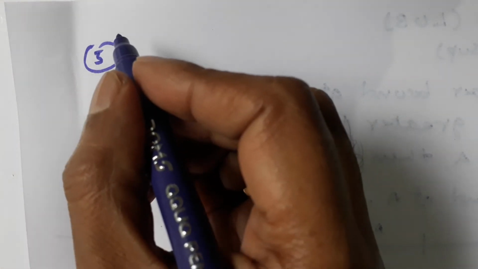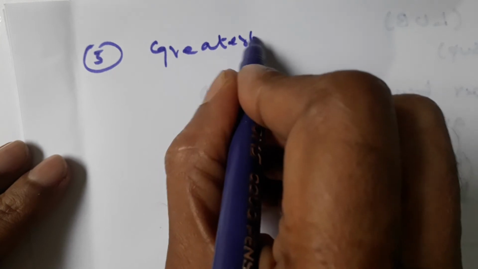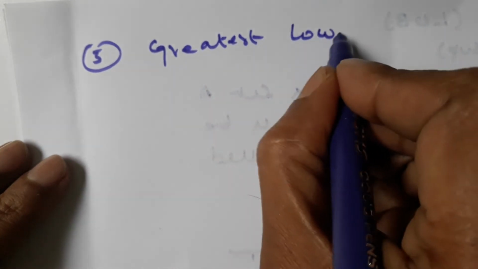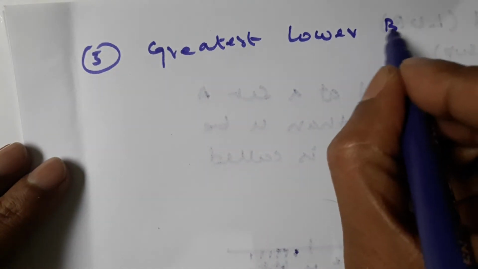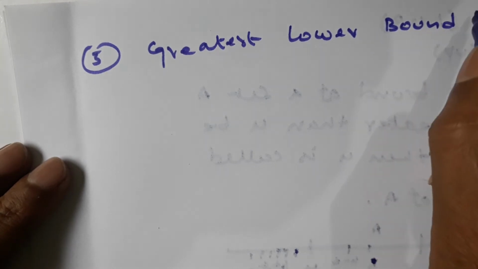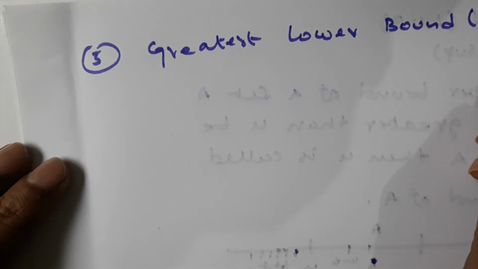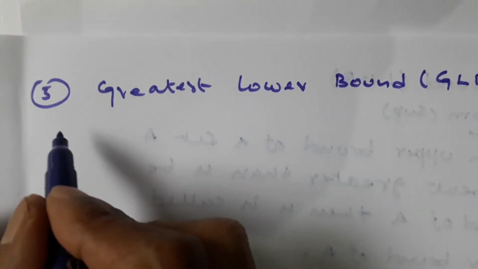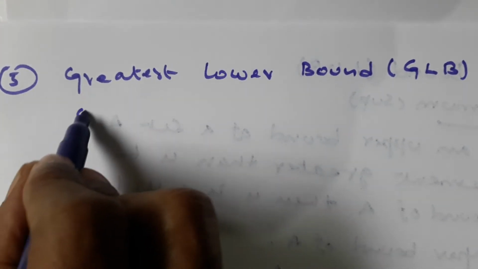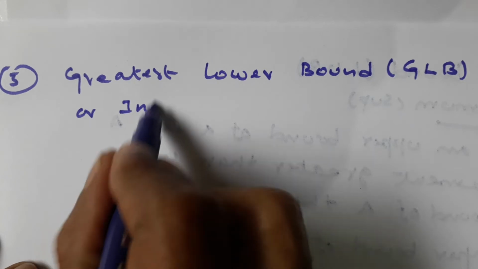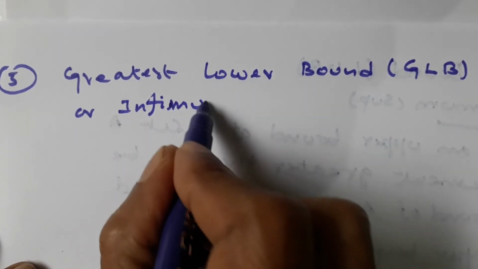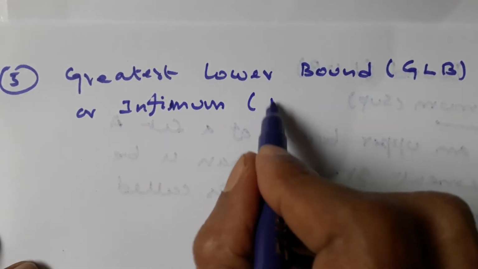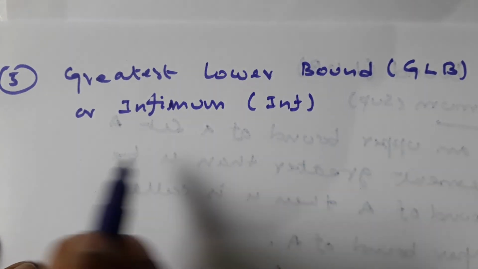Right, fifth point: greatest lower bound. This is called GLB or infimum. Simply it is INF of a set.